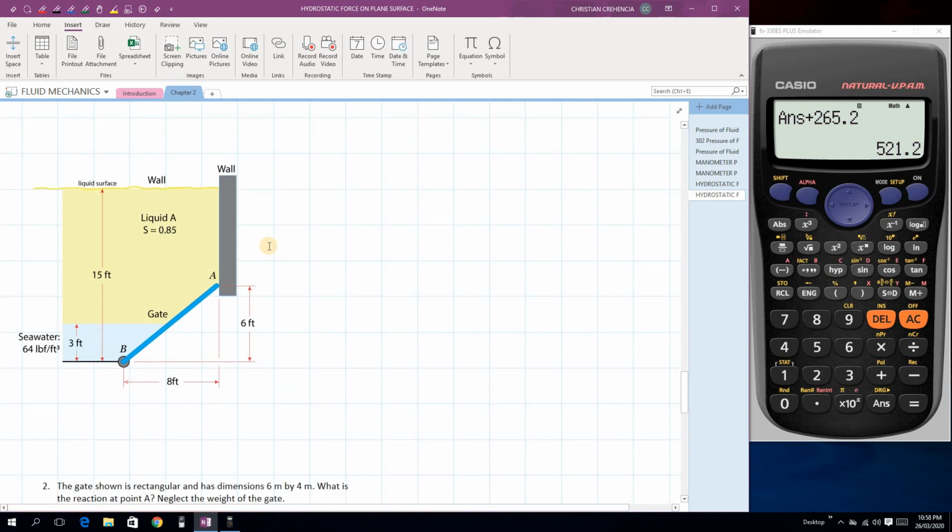So gagamitin lang natin dito yung pressure diagram. Okay? So pressure sa point A. So kung i-drawing natin dito, meron tayong pressure sa point A. Let's call this point C na lang siguro. Point C.